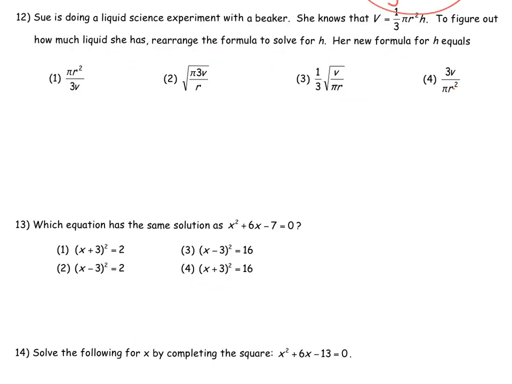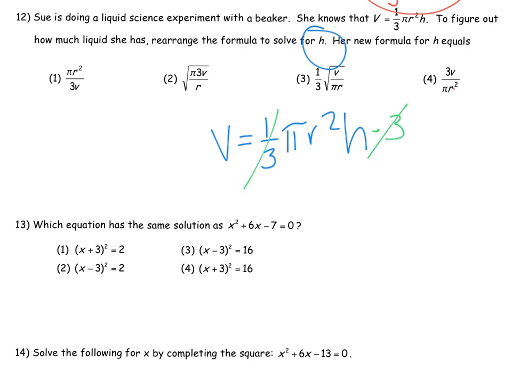All right, guys, we are almost done. So if we look at question number 12, I give you volume is equal to 1/3 pi r squared h. I want to get h by itself. In order for us to get h by itself, I'm going to first multiply both sides by 3 to cancel that 1/3. All right, I now have 3v equals pi r squared h.